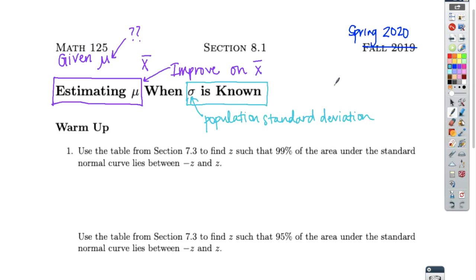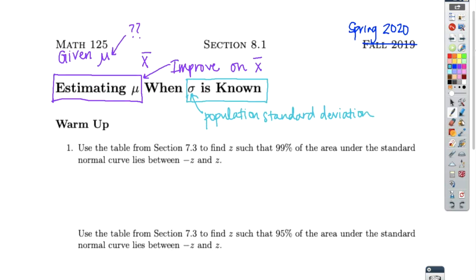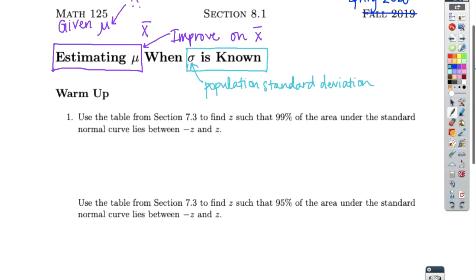And so in section 8.2, we're going to come back and do this when we don't know the population standard deviation. So we'll sort of take this step by step. Okay, so our goal in this first section, as I said, is to estimate the population mean when we do know the population standard deviation. So that's where this is all going.